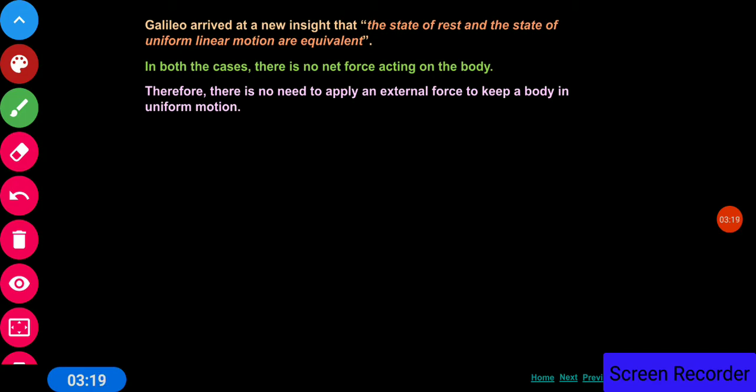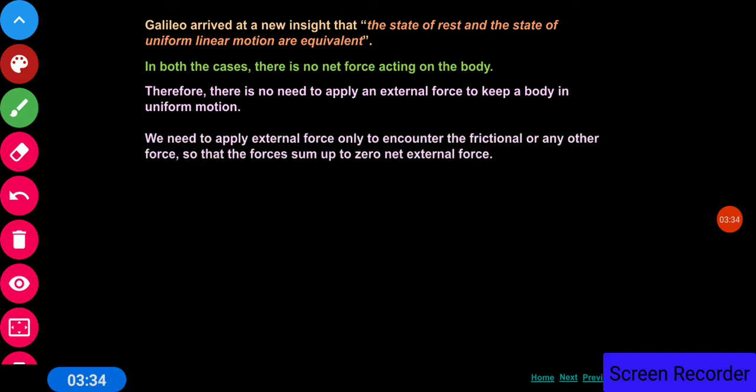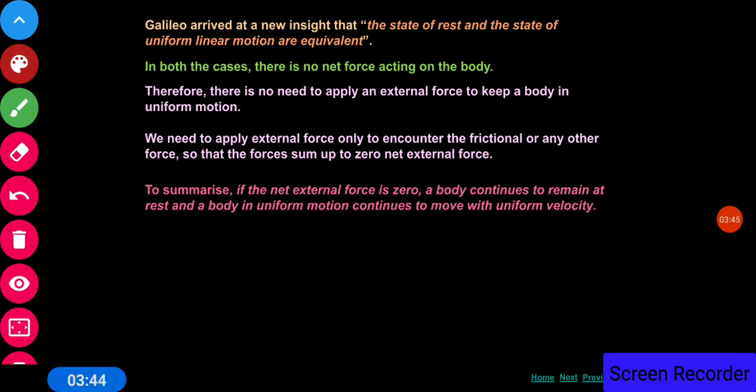We need to apply an external force only to counter the frictional or any other forces, so that the forces sum up to 0 and the net external force is zero.